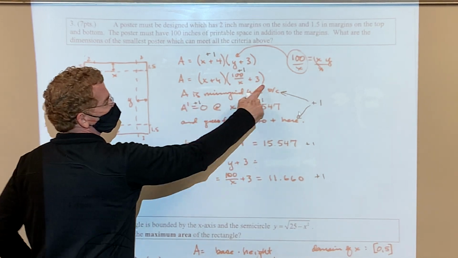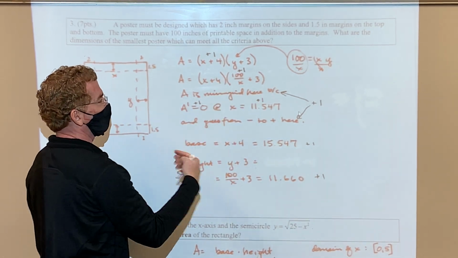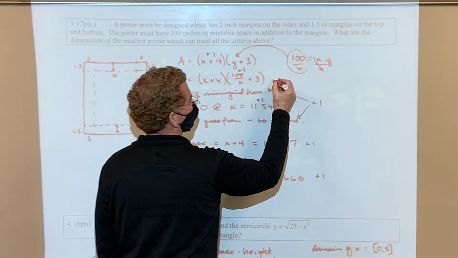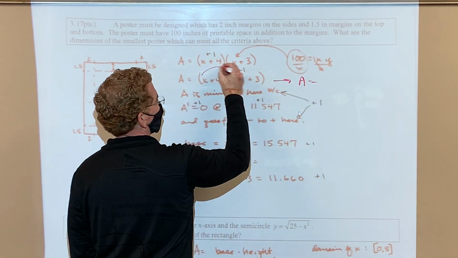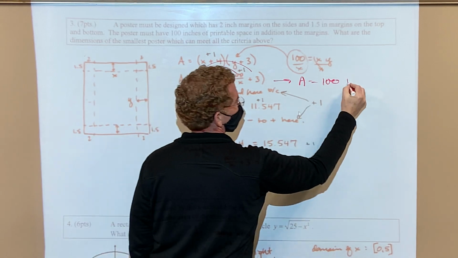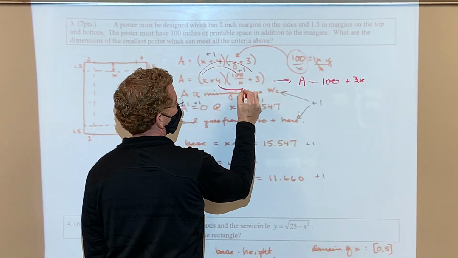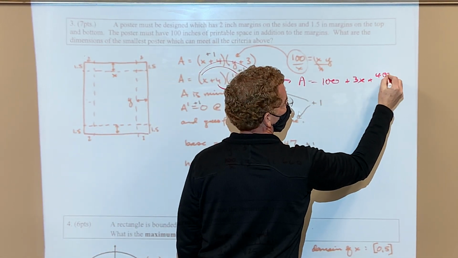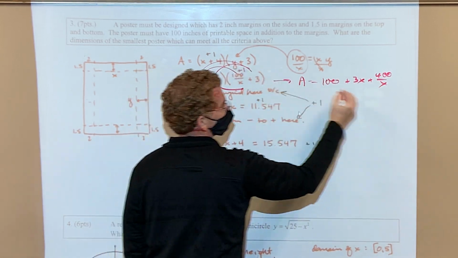For instance, if you'd set it up like this and I was going to take the derivative, I probably would have multiplied it out first: 100 plus 3x plus 400 over x plus 12.